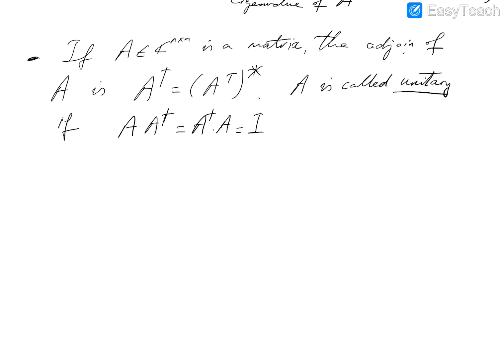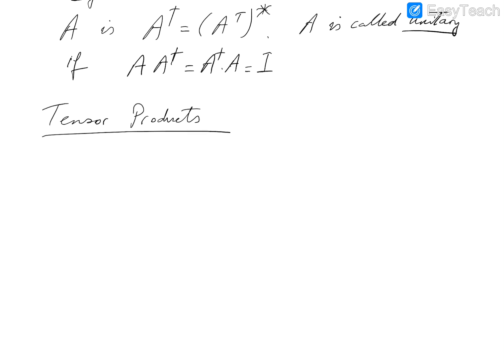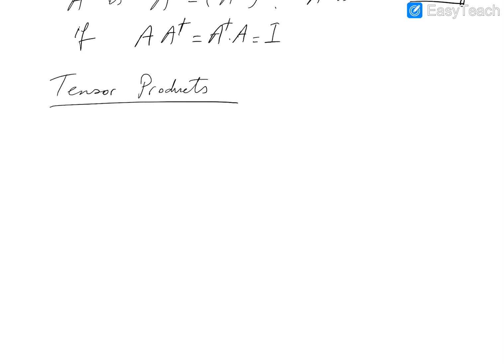Well, what we call tensor products is one way to combine two or more different systems into one. So tensor products are used to combine multiple systems into one single compound system. Okay, so this is similar to matrix multiplication, except that it's a bit different.